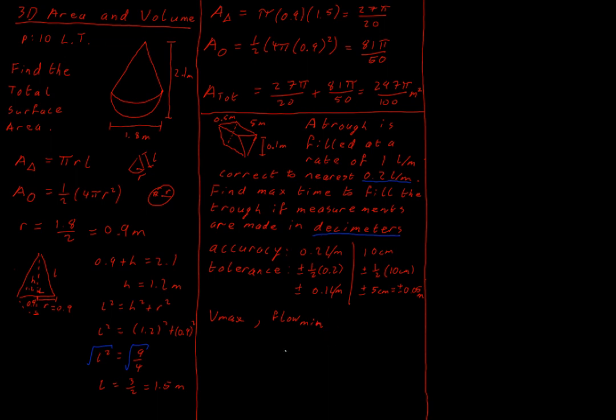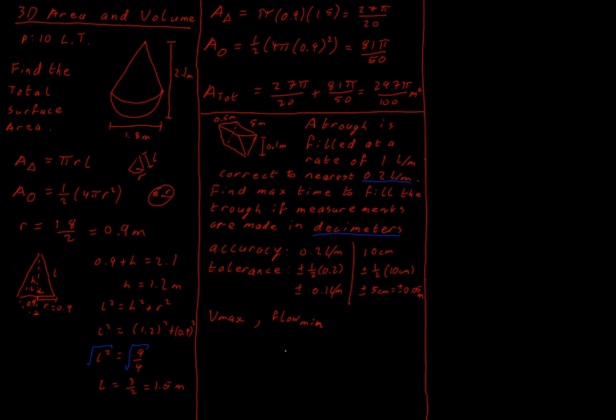We want both of those things. And if we have both of those things, then we're going to have our situation where we take the maximum amount of time to fill up our trough with water.